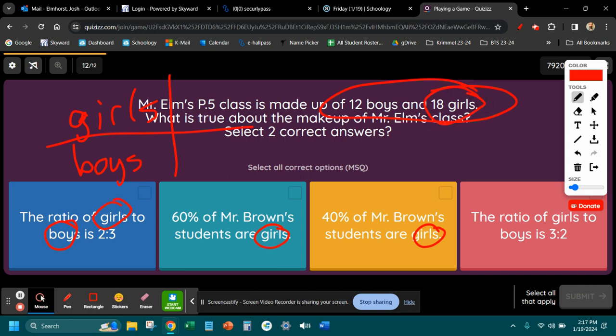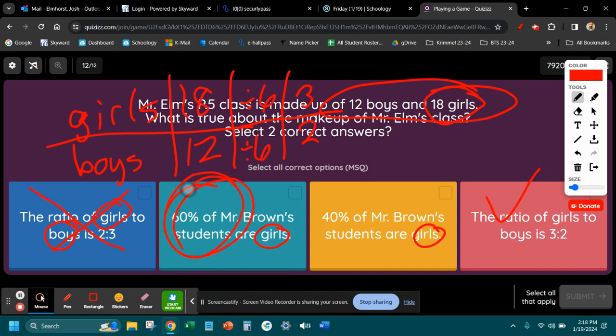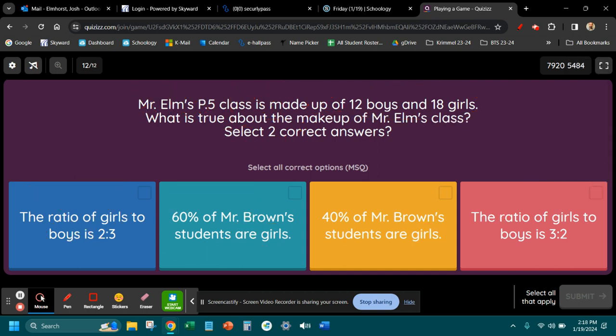And there's 18 girls and 12 boys. That ratio does not match up down below, so you're going to simplify. It looks like we can divide both by 6, and that's 3 to 2. This ratio is backwards, and there's more girls than there are boys, so it would be 60%.